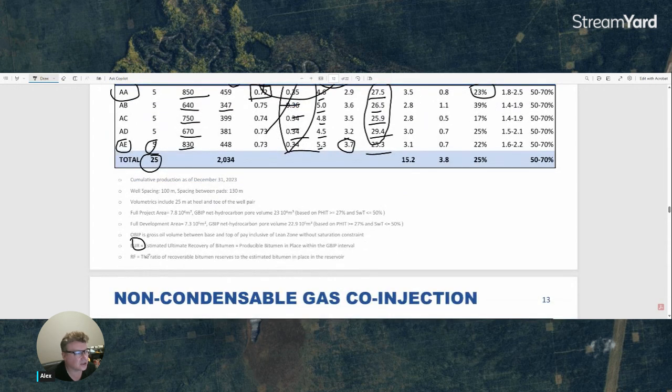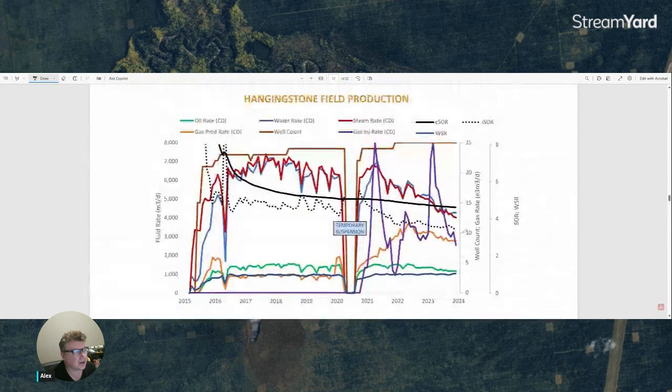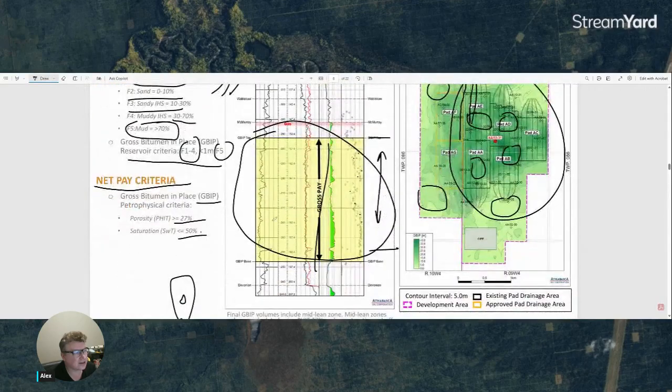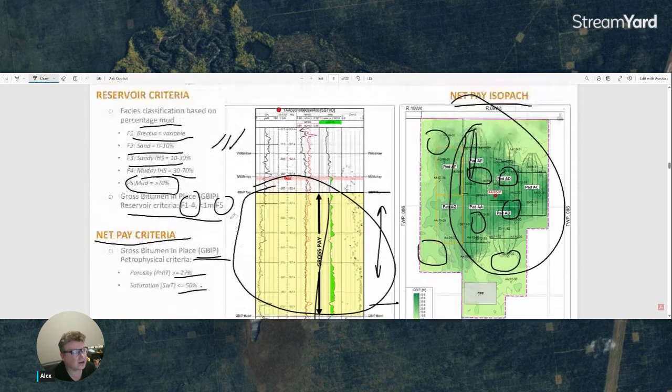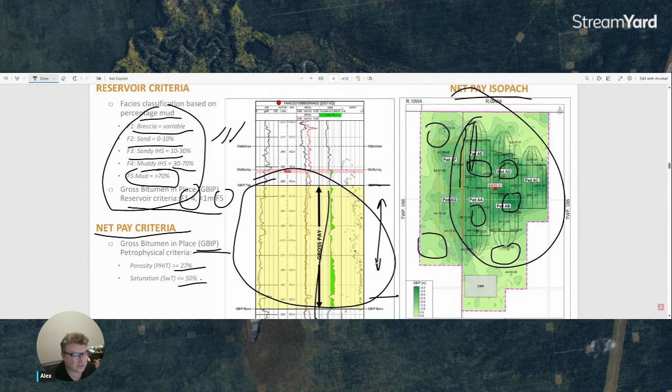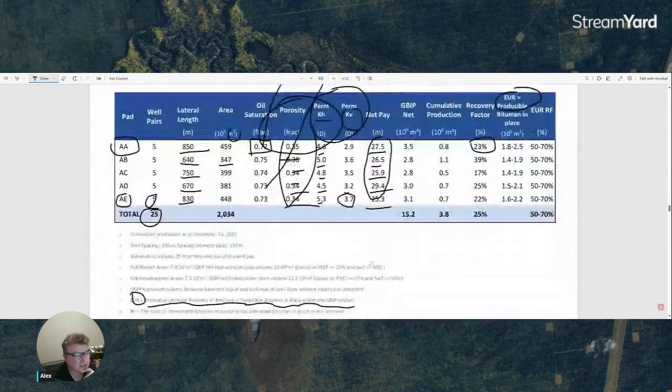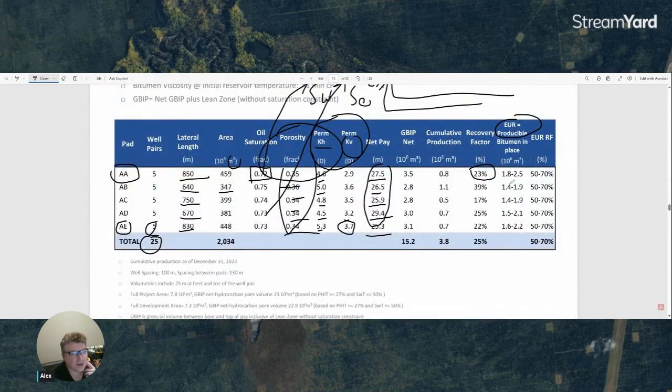This is the definition here. Estimated ultimate recovery of bitumen equals producible bitumen in place within the GBIP. GBIP we defined prior as gross bitumen in place, which was defined here, based on the various classifications. So what we see here is the actual numbers of how much was recovered.